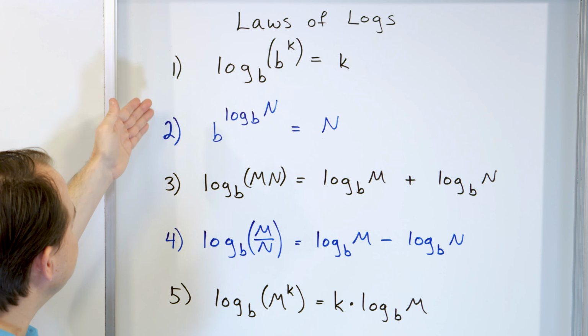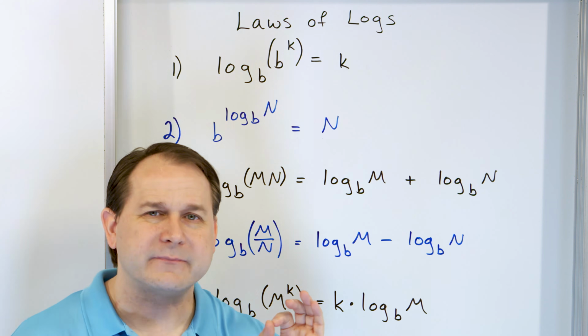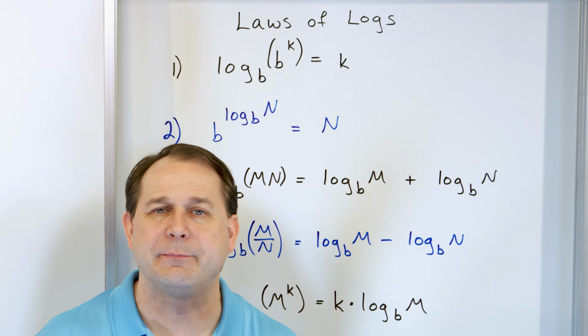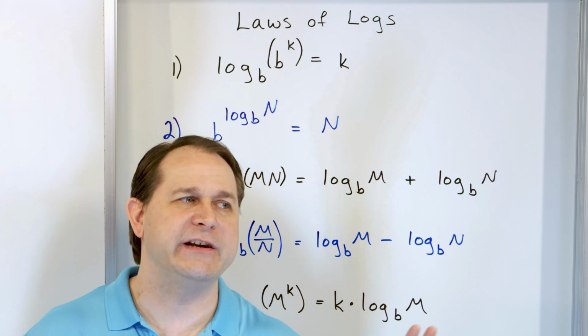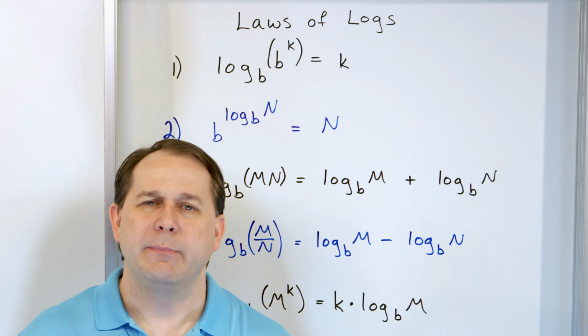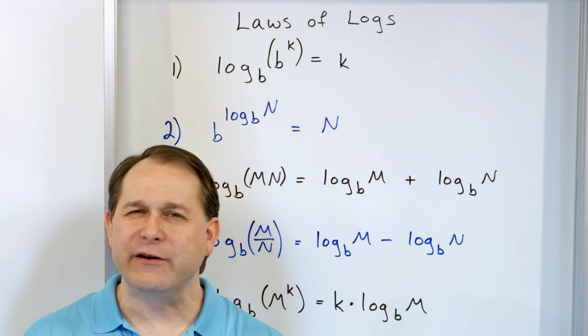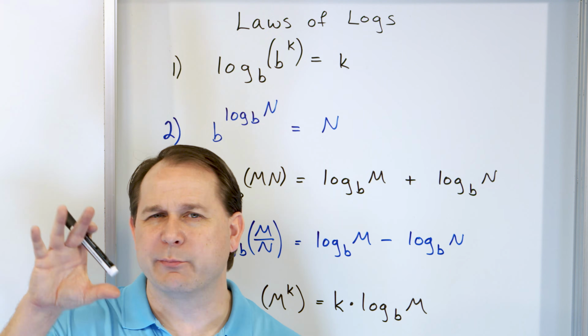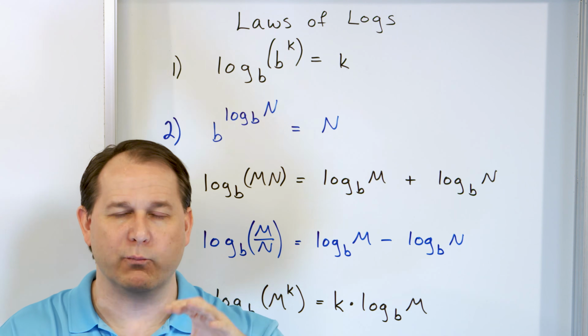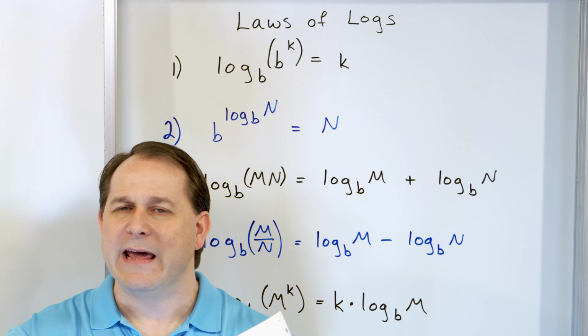The first 2 come from the fact that a logarithm is an inverse function of the exponential function. If you don't remember that, then you need to go back to my basic lessons on what a logarithm really is. But if you remember, with inverse functions, we have function number 1 and function number 2, in this case an exponential function and the logarithm, which are inverses of one another.